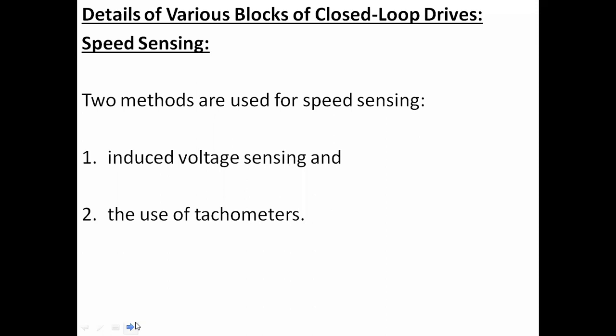This tachometer should be coupled to the motor with a torsionally stiff coupling, so that the natural frequency of the system of the armature and the tachometer lies beyond the bandwidth of the speed control loop.